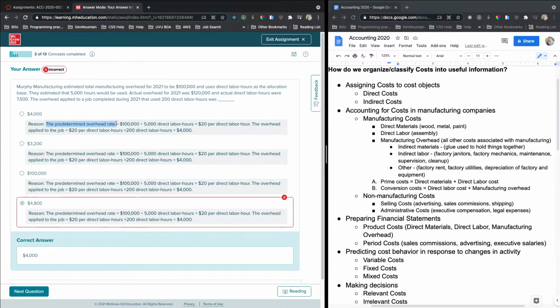So the predetermined overhead rate is equal to this divided by direct labor hours, is equal to direct labor per. Oh, okay. The overhead applied to the job, $20 per direct labor hour, times the hours.